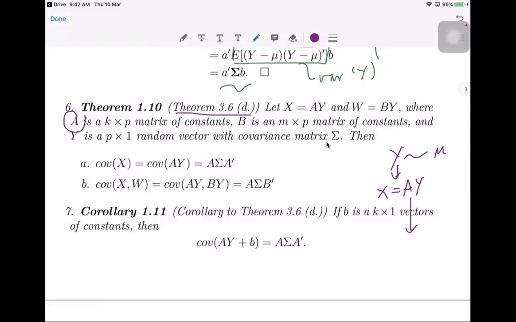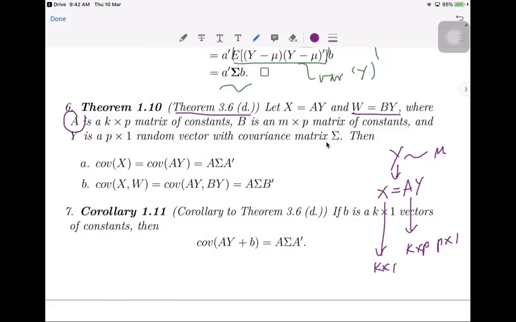So this should be conformable. A is k by p and y is p by 1. So the new random vector now is a k by 1 random vector.